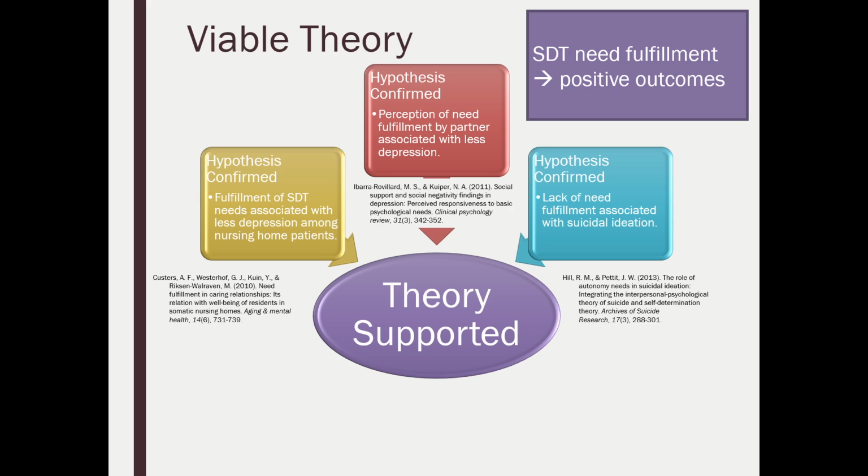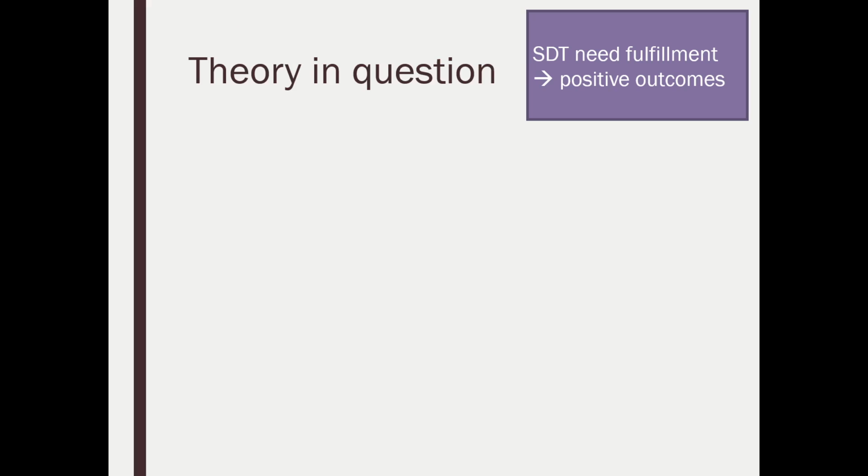We have different outcomes that were being measured, and they're all coming to the same basic conclusion that having your needs for autonomy, mastery, and relatedness all seem to be tied to having better outcomes. So we might say, seems like a viable theory. It's looking pretty good. But I thought I'd look at some evidence that maybe self-determination theory is not explaining everything.